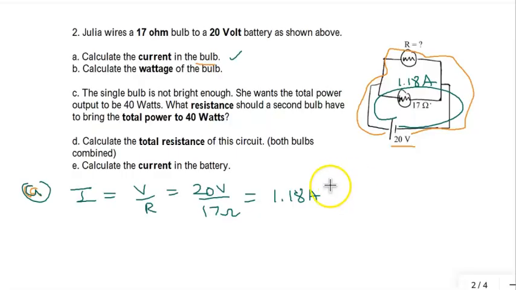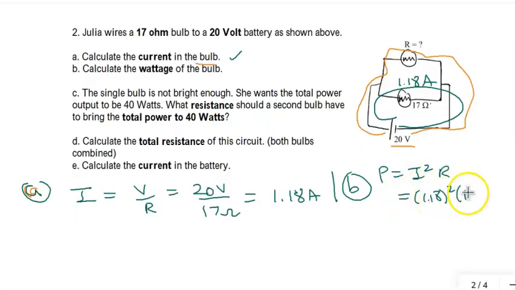Calculate the wattage of the bulb. 1.18 squared times 17 is 23.5 watts. And then she's like, oh, that is not bright enough for whatever she's doing. She wants the total power to be 40.